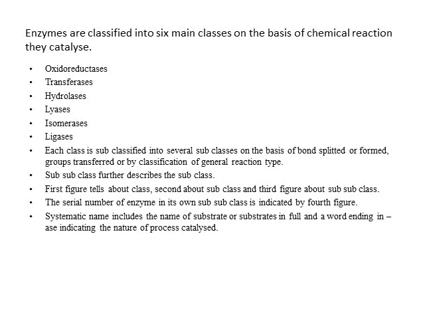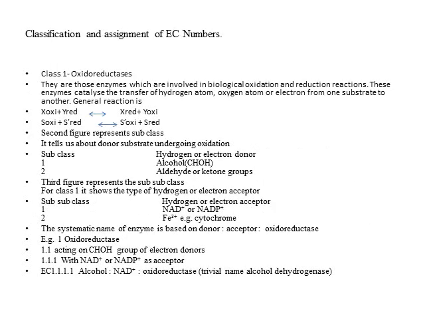The serial number of the enzyme in its own subclass is indicated by the fourth figure. The systematic name includes the name of the substrate or substrates in full and a word ending in "ase" indicating the nature of the process catalyzed. Now the classification and assignment of EC numbers.